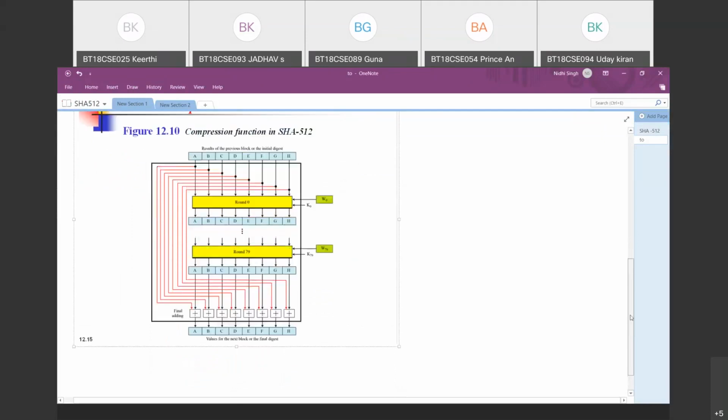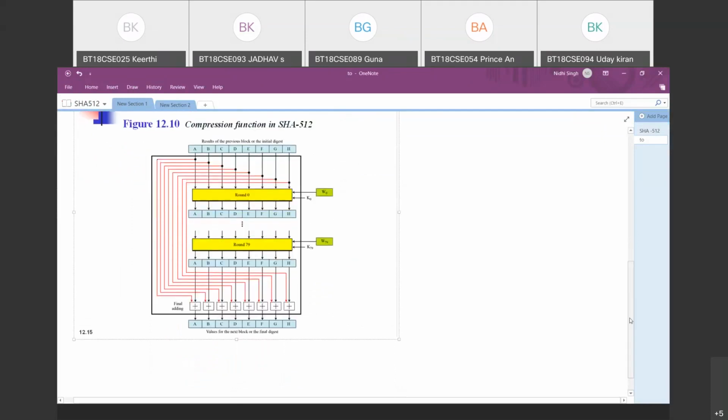In this neat and clean diagram, you can see the compression function with the buffer values. How many buffers? 8 buffers. These buffers are nothing but the initial digest, called the initialization vector. This initialization vector value will be appended over round 0. Round 0 has two more inputs: the word generated from the message itself, and the K constant value.